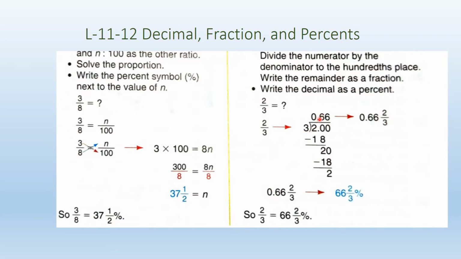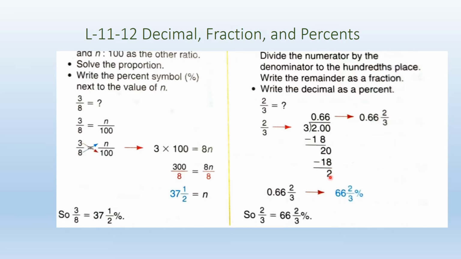Just put a decimal point and a 0. Then it will be 20. 3 times 6 is 18, and then 20 minus 18 is 2. Again you copy 0, and again 2 is coming.